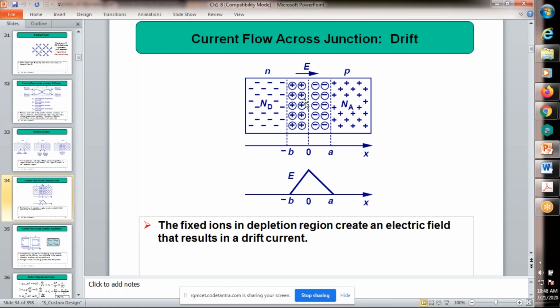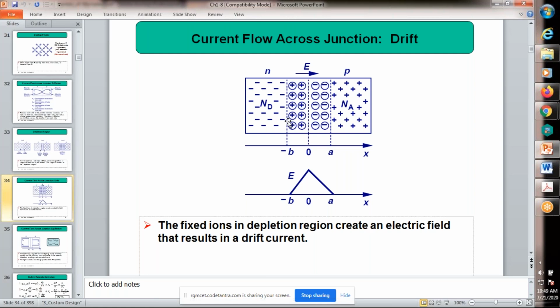Similarly, on the N side, the majority carriers are electrons, moving to the P side. But on the P side, nearby the junction, there is negative charge, and electrons are also negative charge, so it will oppose. Finally, this electric field must stop the flow of diffusion current.